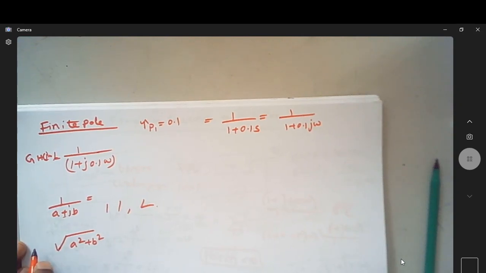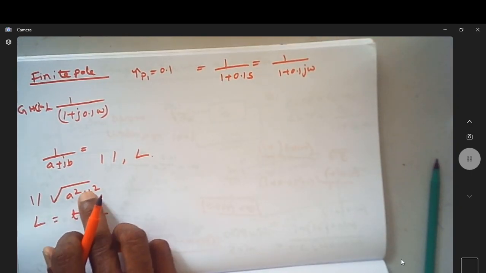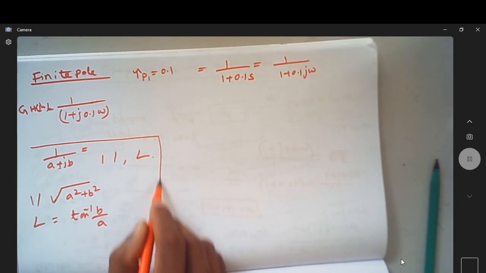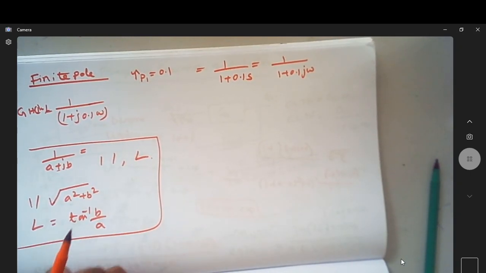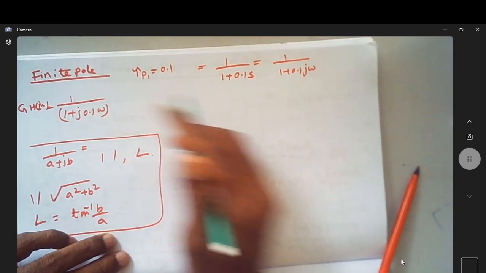This is the magnitude. What is the phase of it? Is it not tan inverse of b by a? Is this not the magnitude? Is this not the phase of this particular complex term? So do you have a complex term similar to that here? So now I have a complex term.